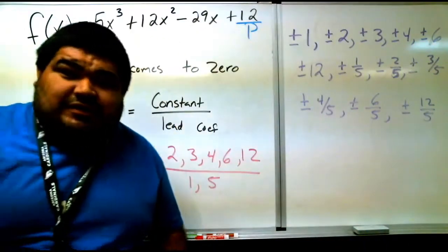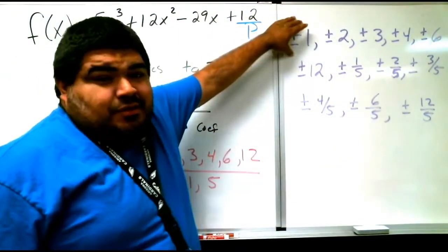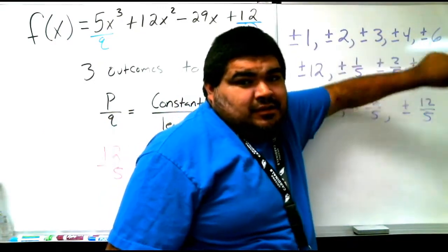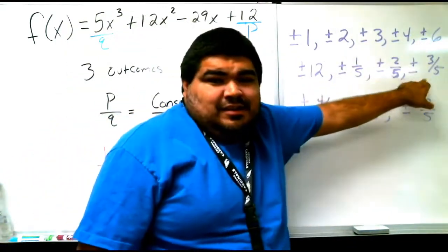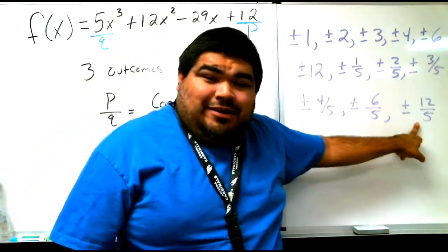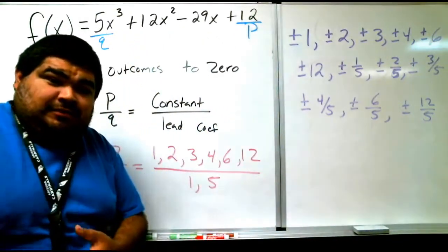So we have all these different outcomes. It's a lot of outcomes, because remember, each one is 2. So we have 2, 4, 6, 8, 10, 12, 14, 16, 18, 20, 22, 24. So we have a total of 24 outcomes.